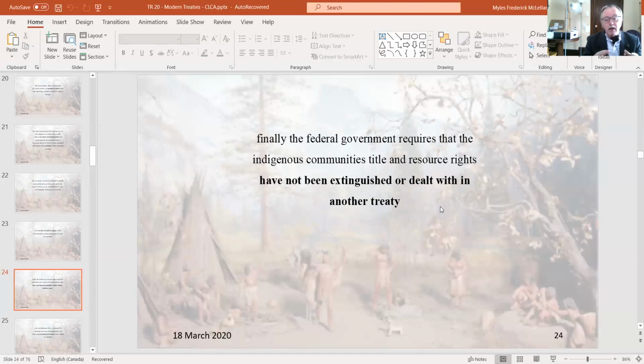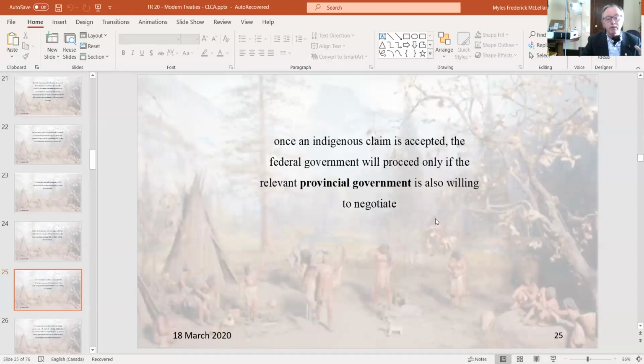As we talked about last week, if there is a treaty in place and there's an issue involving the treaty, then that takes us to the specific land claims process for treaty interpretation and litigation. So specific claims deal with existing treaties. Modern treaty claims deal with territories that do not have existing treaties in place.